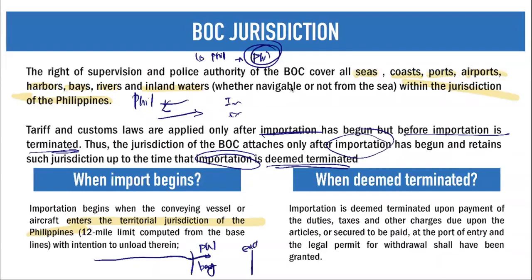Now, when does it end? Actually, it ends if ever you already paid for the customs taxes. So we read it. When deemed terminated. So importation is deemed terminated upon payment of the duties, taxes, and other charges due upon the articles or secured to be paid at the port of entry and the legal permit for withdrawal shall have been granted.